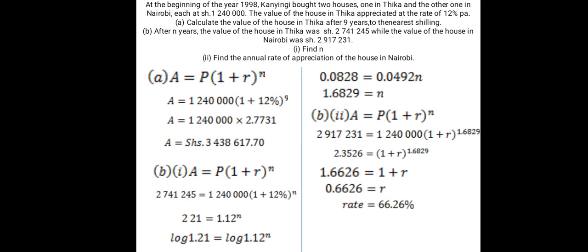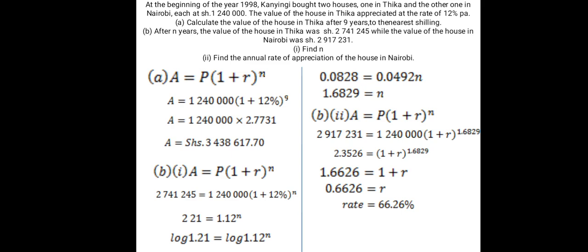At the beginning of the year 1998, Kanyigi bought 2 houses, one in Thika and one in Nairobi, each at 1.24 million shillings. The value of the house in Thika appreciated at the rate of 12% per annum. A. Calculate the value of the house in Thika after 9 years to the nearest shilling.